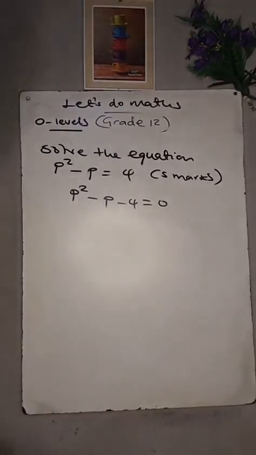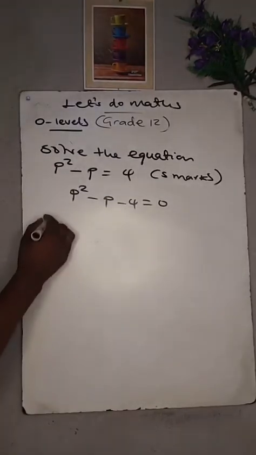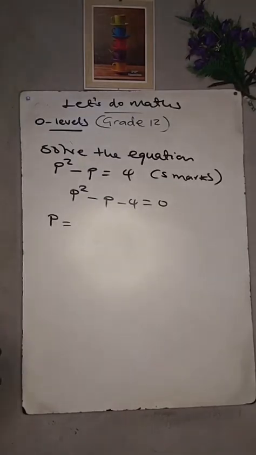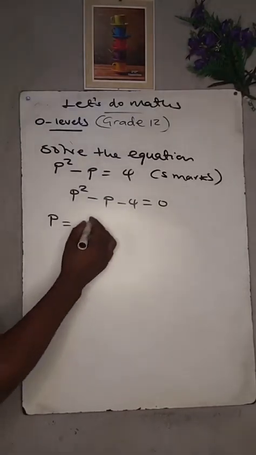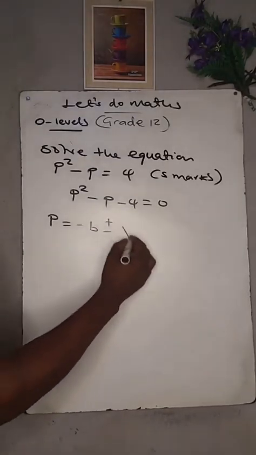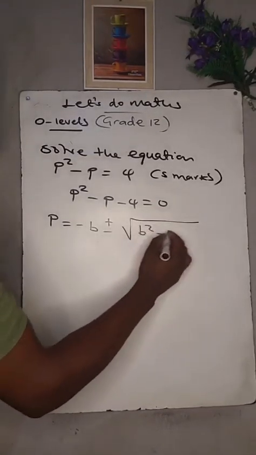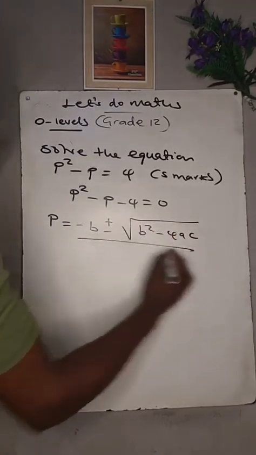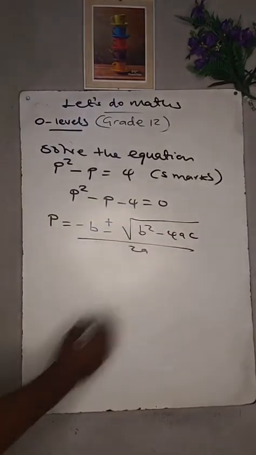So let's go back to our quadratic formula. Since we are finding the value of p, we say p is equal to negative b positive or negative square root of b squared minus 4ac over 2a.